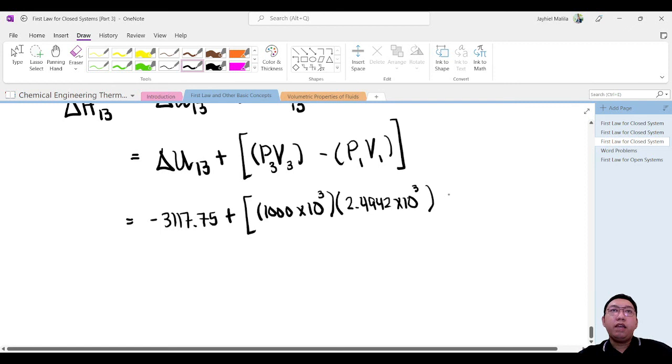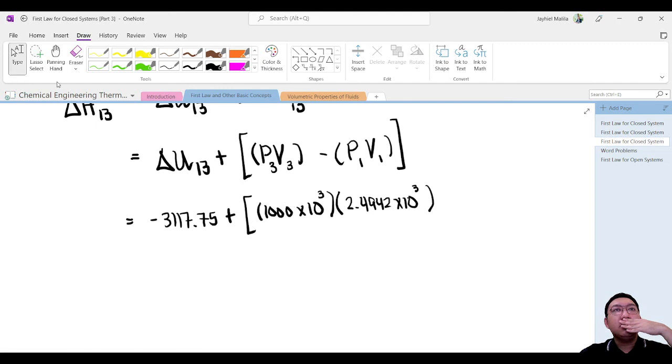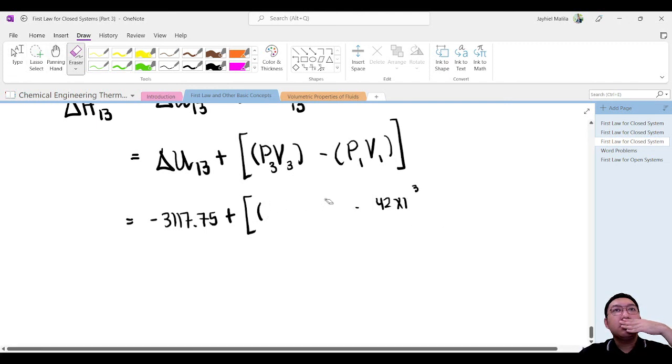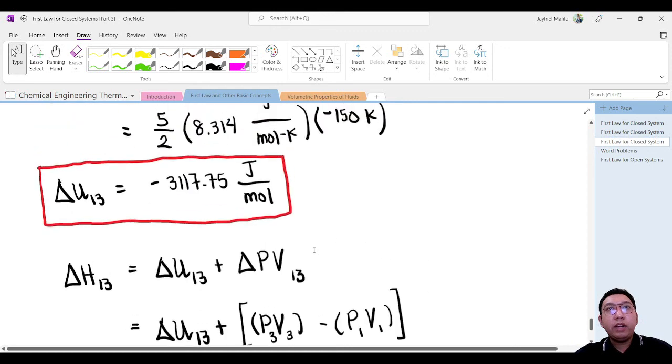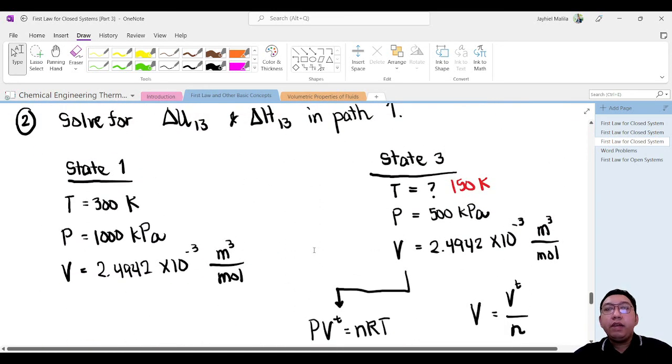Oops! I used a wrong value. It should be P1. Okay, let me delete this. It's tiring to write everything. P3, V3, okay.